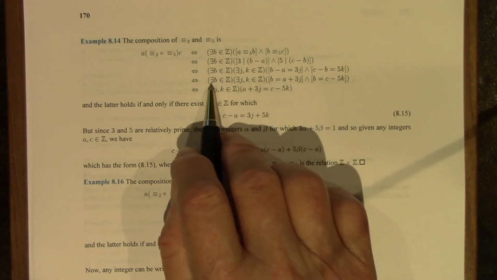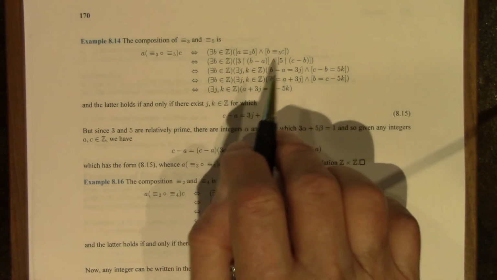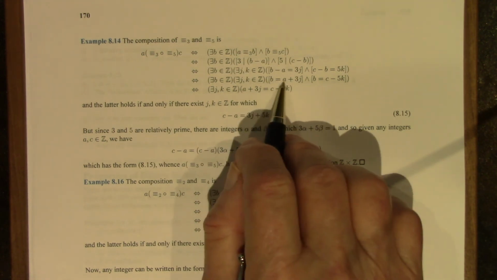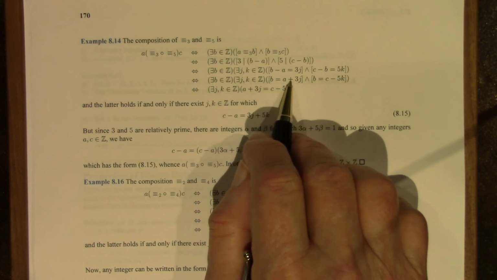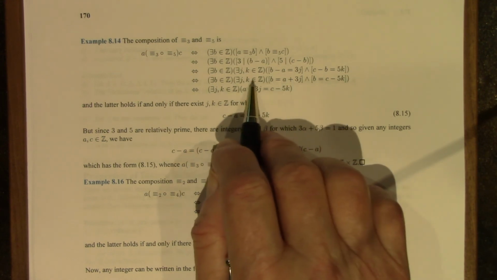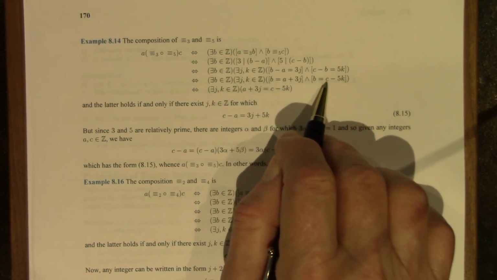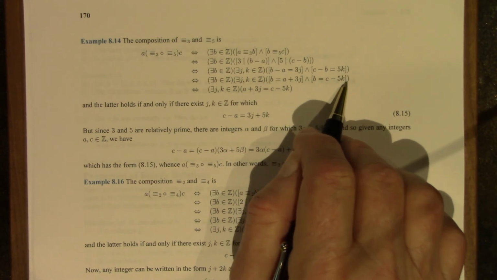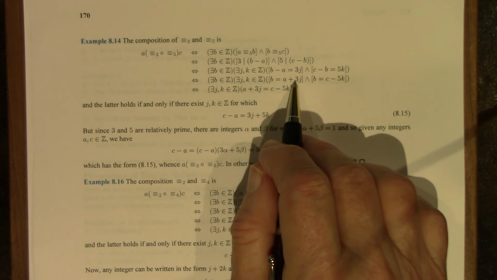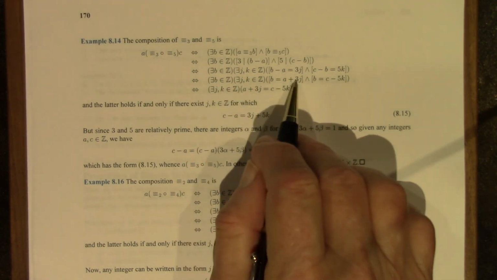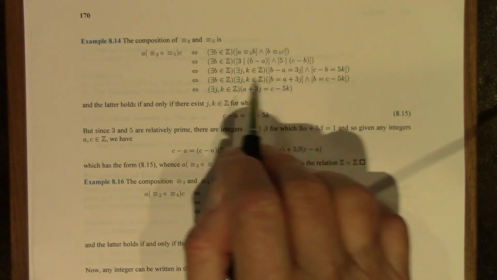So this says there exists an integer b such that b is of this form, a plus 3j for some integer j, and b is also of the form c minus 5k for some integer k. Well, that's going to be true if and only if these two expressions are equal.